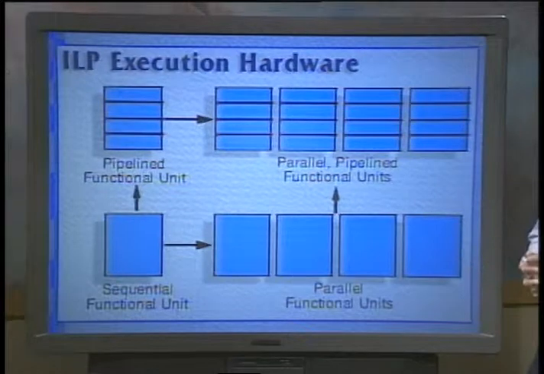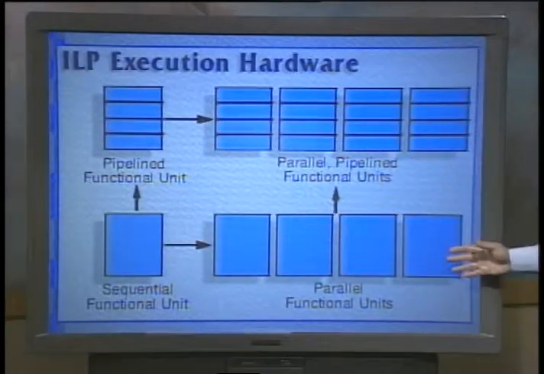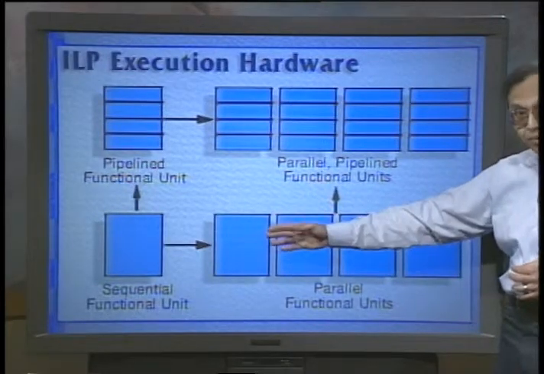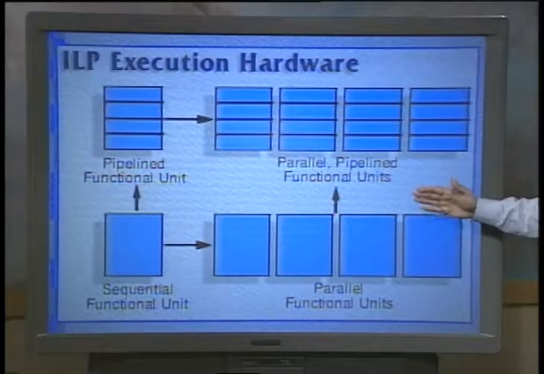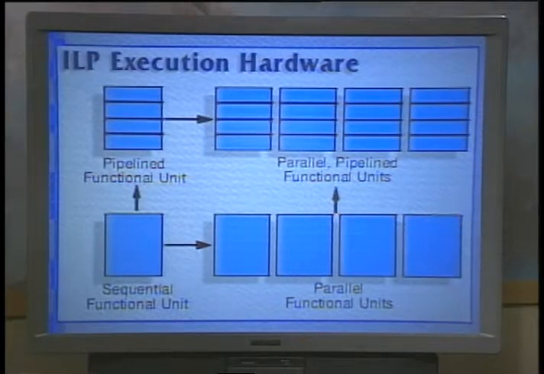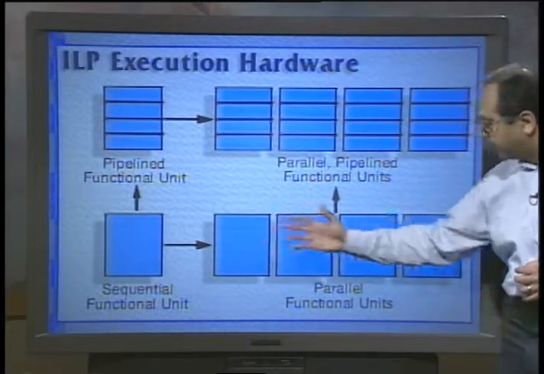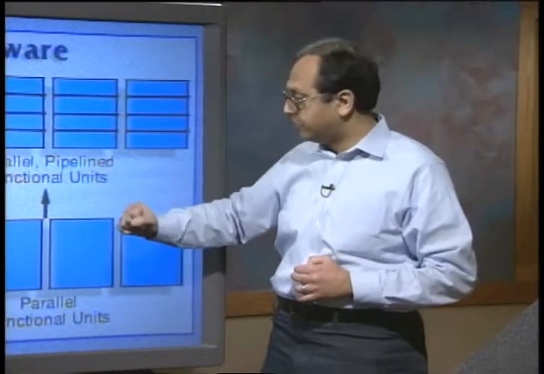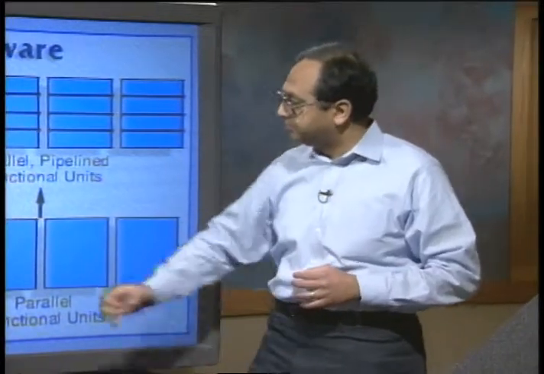There are two ways of going about getting the additional parallelism. One is to replicate the functional units, to have multiple functional units, each of which can do only one operation at a time. However, by virtue of having many of these, we can have many of these operations going on at the same time. The cost involved is that you have to replicate the entire hardware, plus there are many secondary but very important problems having to do with the busing to such a structure.